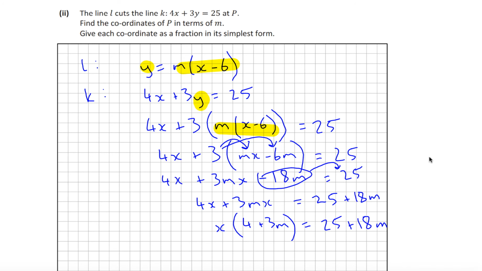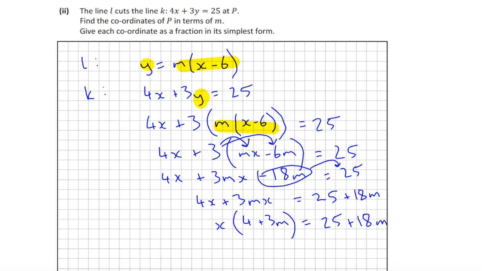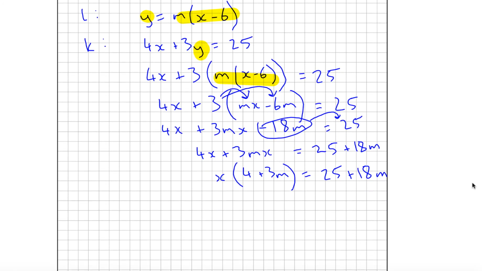And now I'm going to divide both sides by 4 plus 3m. In other words, I'm going to make x the subject. x is equal to 25 plus 18m over 4 plus 3m.